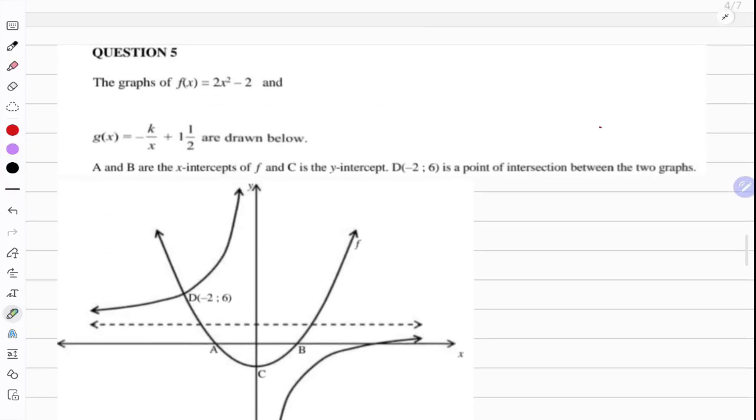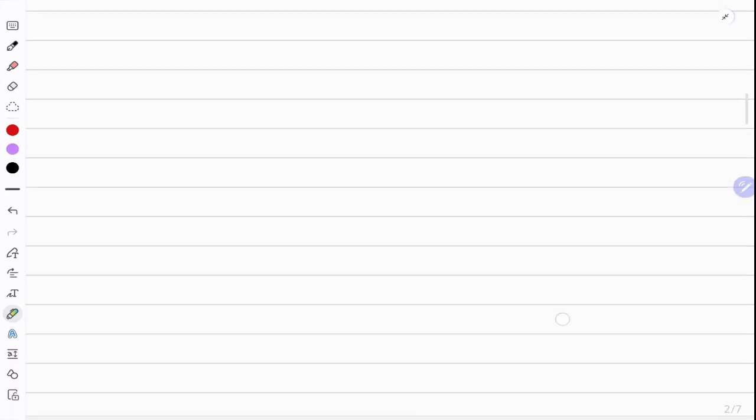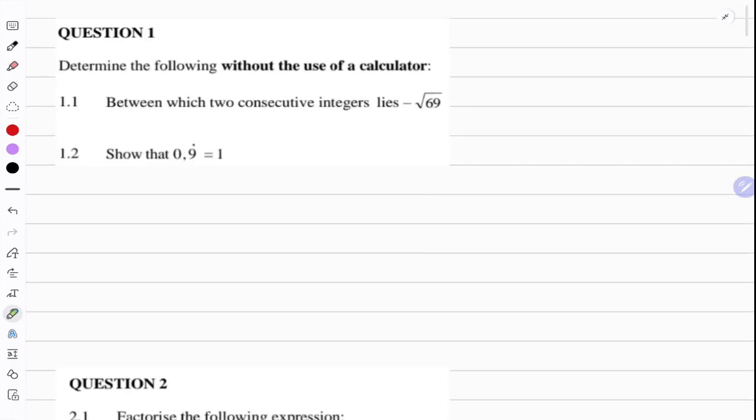So let's go to question number 1. For question number 1, they say determine the following without the use of a calculator. So 1.1 wants us to find out between which two consecutive integers lies negative square root of 69. To answer this question, we have to know what square numbers are.